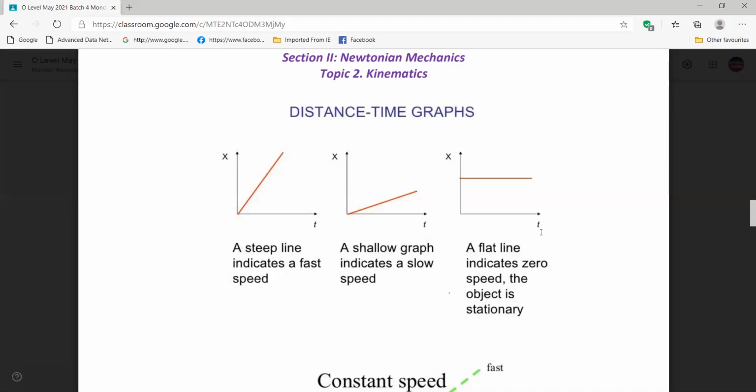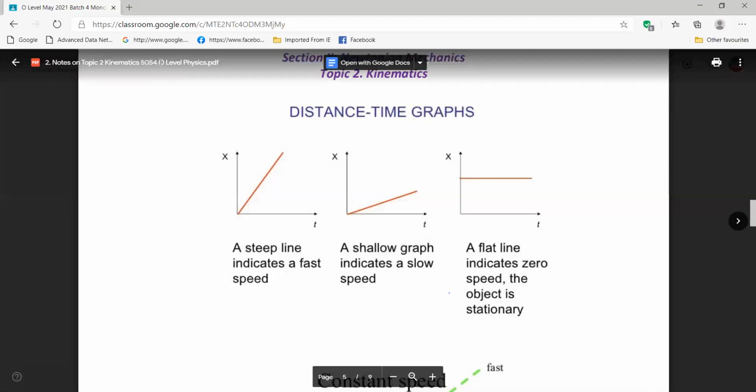Okay, velocity-time graph and speed-time graph, like, it happens, this is the velocity, this is the speed-time graph.